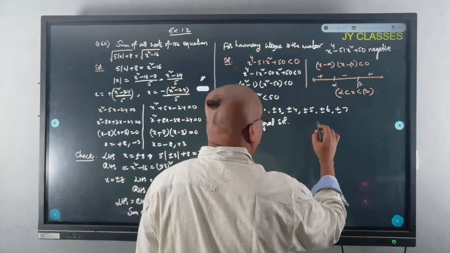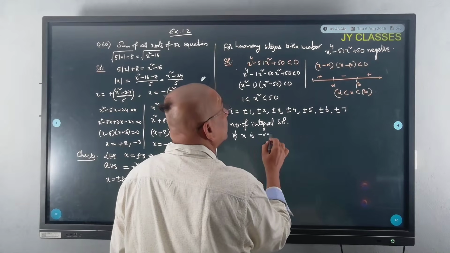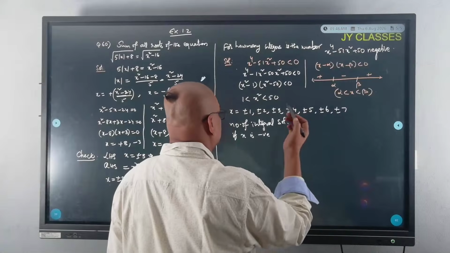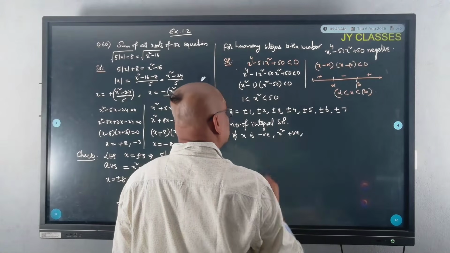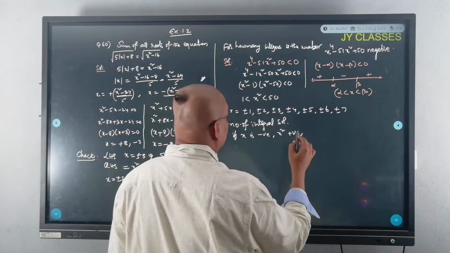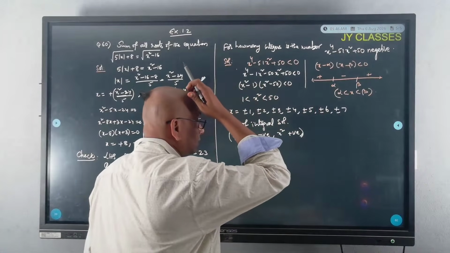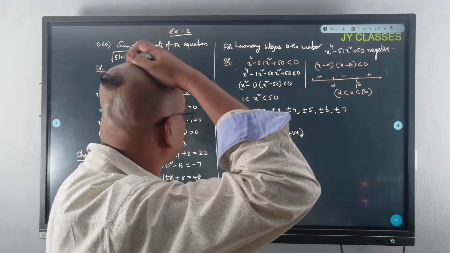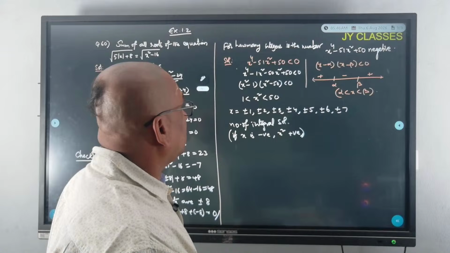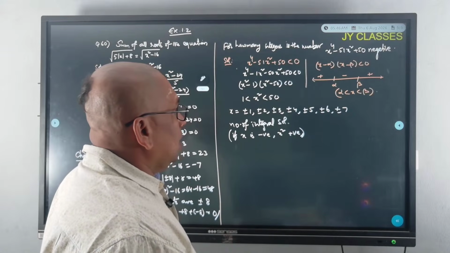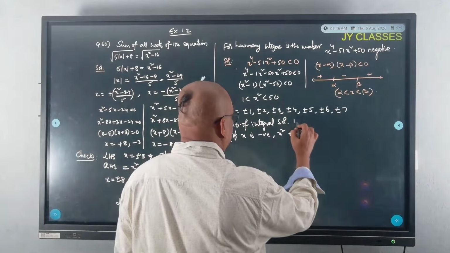See, if you will take negative here, if x is negative, x square positive, x square positive. So therefore, number of solutions for this x square in between 1 to 50. Here integral solutions are 14.